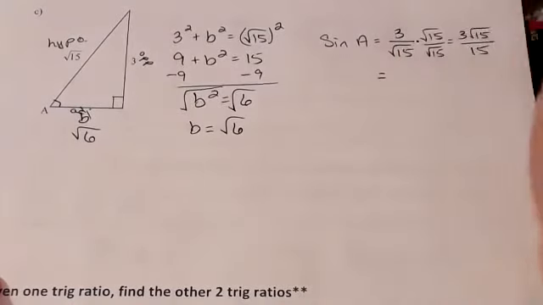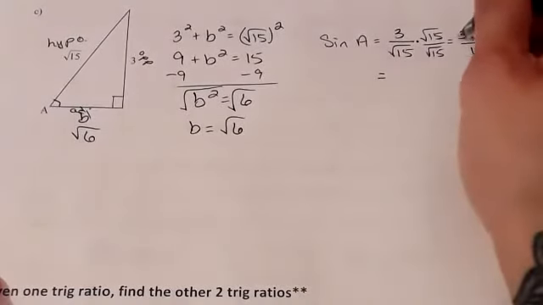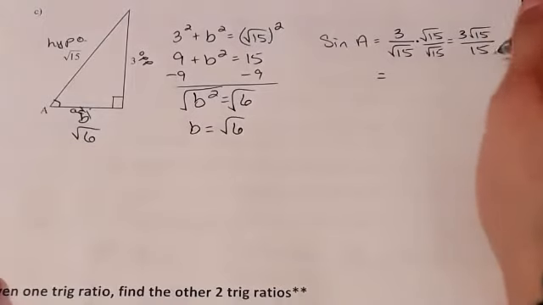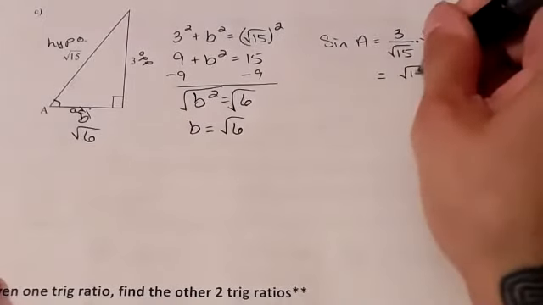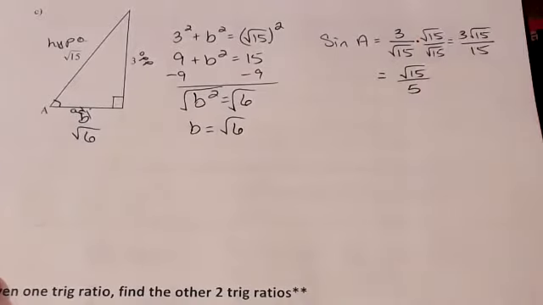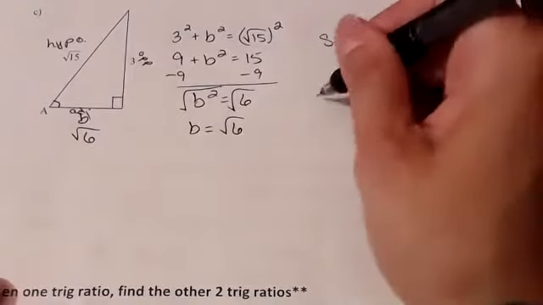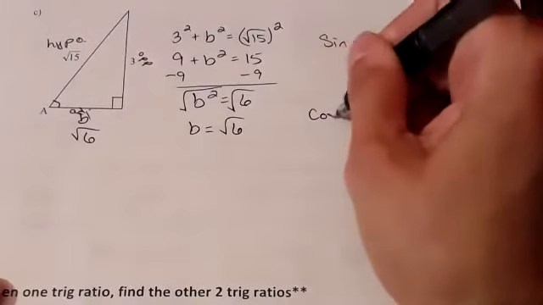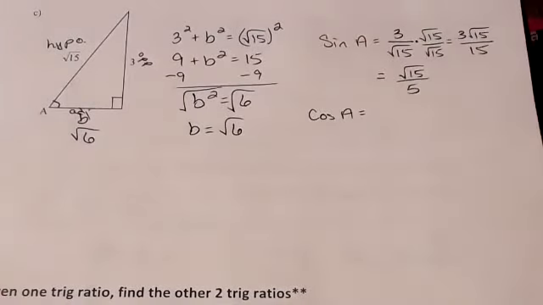So sine of A actually reduces. Remember, 3 goes into itself once and into 15 5 times. So this becomes square root of 15 over 5. If you want, you could put a 1 in front. That's totally up to you. So in this case, we actually went a little bit further because we were able to. Very nice.